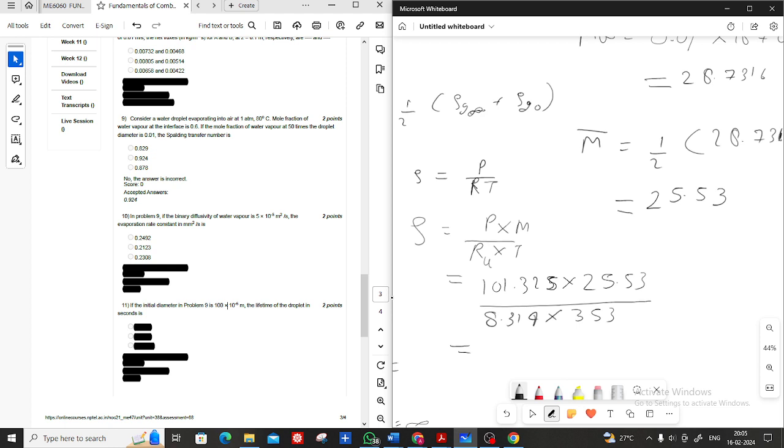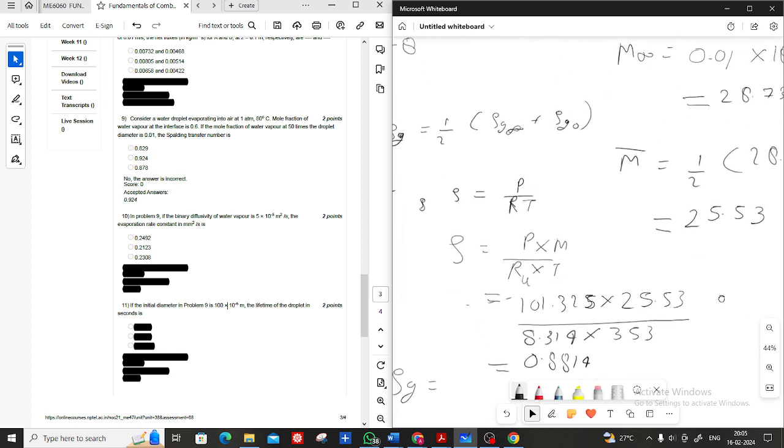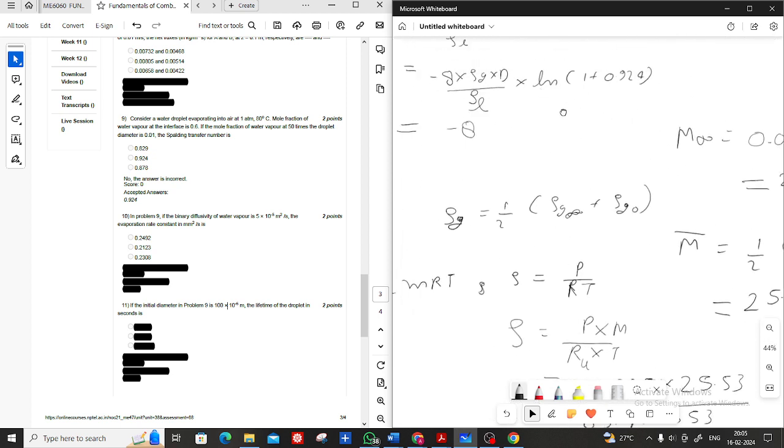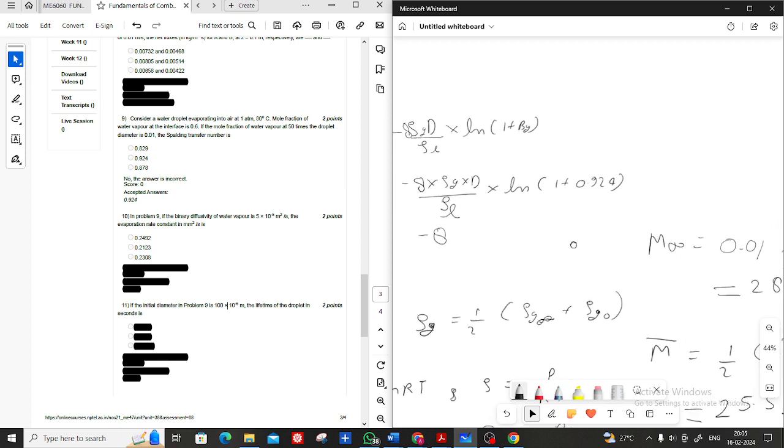Now you solve it, you will get the average density: 101.325 into 25.53 upon 8.314 into 353, it will come 0.8814. Now you got the average density. Just substitute here, you will get the answer.